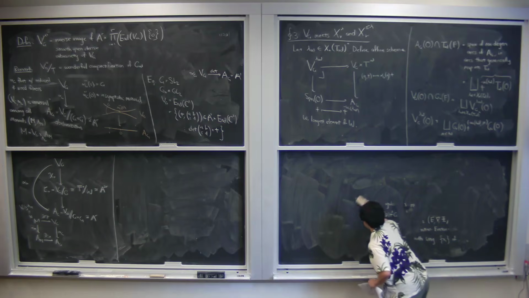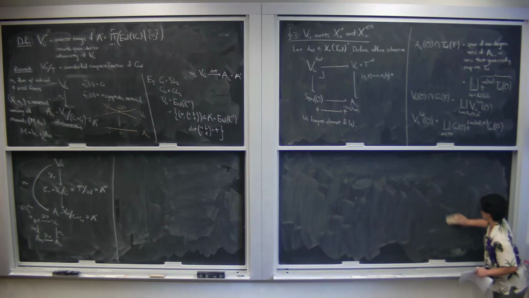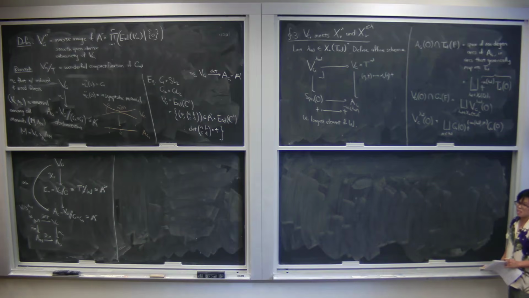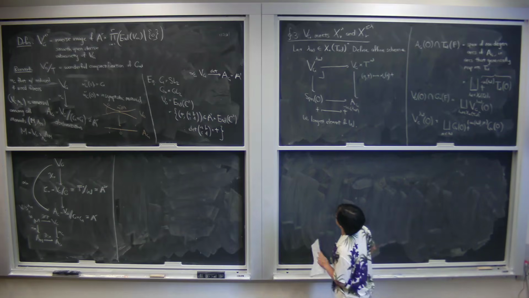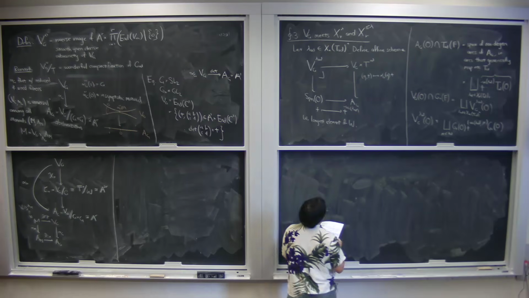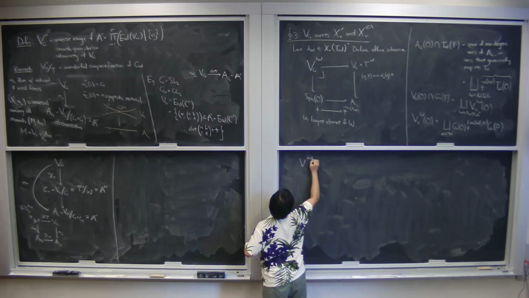Not literally. If I replace VG in this Cartesian diagram with V0 of G, the non-degenerate locus, I will also have that. I can also do this.